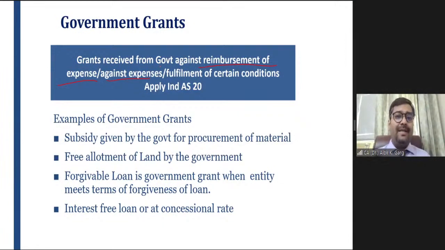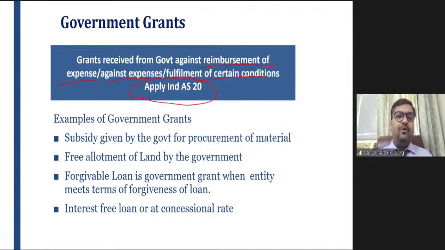So the government is transferring the money every quarter to the account of the company. So government grants could be against reimbursement of expenses, or it could be in lieu of the fulfillment of certain conditions. Okay, when you fulfill certain conditions, then we will give you the grant, or I am giving you the grant, but you have to fulfill certain conditions. Okay, so in this case, Ind AS 20 will be applicable.